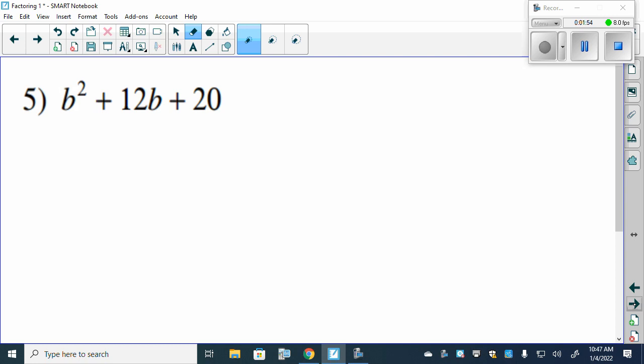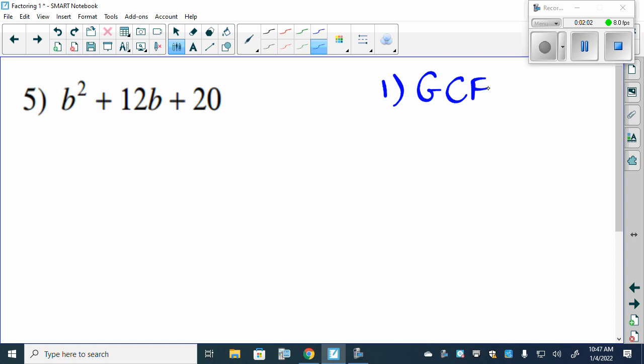Now, when we cover factoring, we had a few steps. The first main step was to determine if there is a greatest common factor, a number or variable or term that we can factor out of all three terms, or everything in the expression.